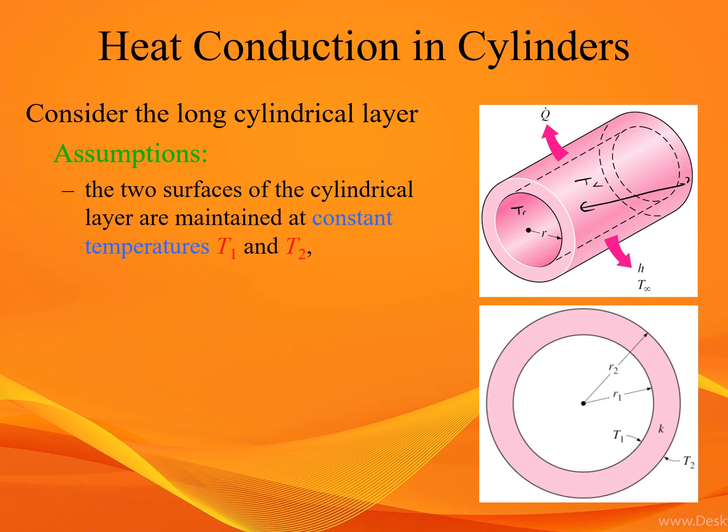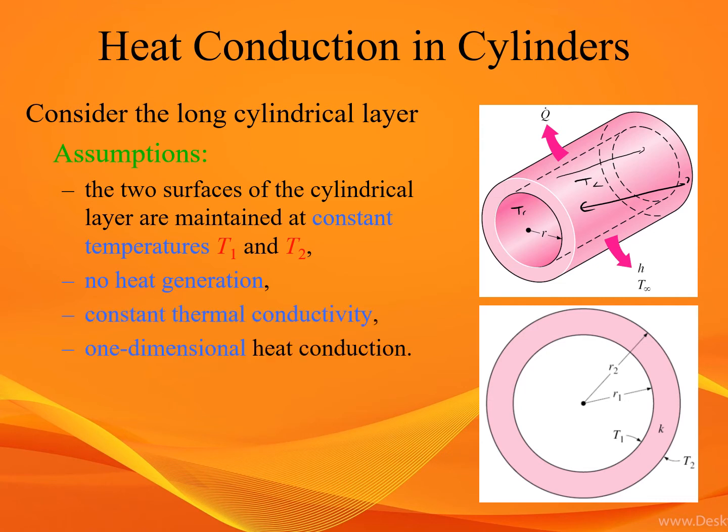Outside we have T2. So all the way the cylinder, the temperature is constant at T1 for the inner part. For the outer part, the temperature is constant at T2. Okay, no heat generation, constant thermal conductivity, one-dimensional heat conduction.